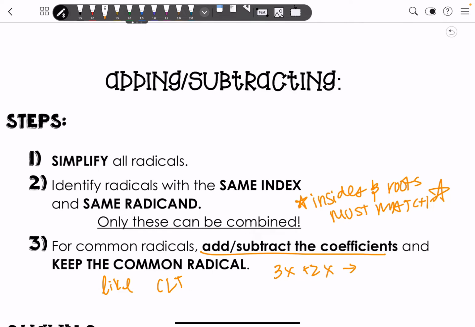That's going to give you 5x. Or you've got 7x minus 4x. That's going to give you 3x. Similarly, all you have to do differently is just make sure you remember that if there are radicals there, you keep the insides that are the same and you only combine those.